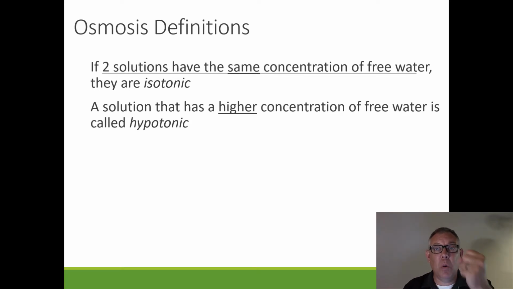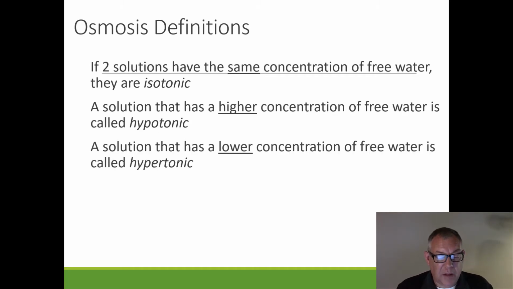So if you have more solute molecules, you have less free water. And if you've got less free water, a solution with lower concentration of free water is called hypertonic. And hyper means more, right? You've got more solute in the hypertonic solution, which means you have less free water.